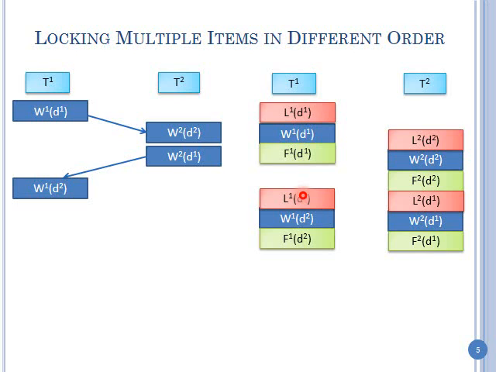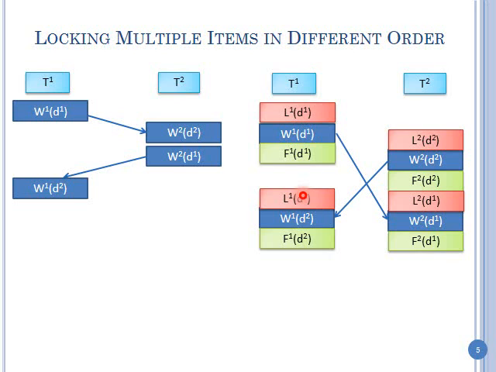You don't free any lock till you got all n locks. That means the transactions will have a phase in which the locks grow and then a phase in which the locks shrink. That's called two-phase locking. We just invented two-phase locking.